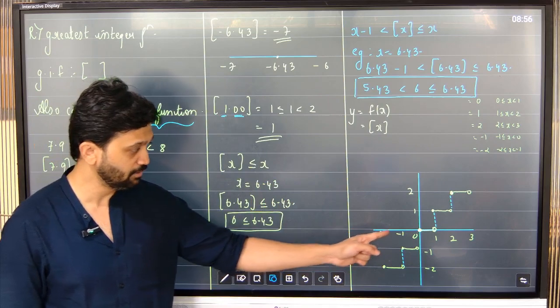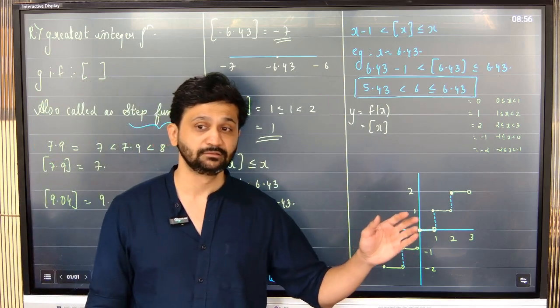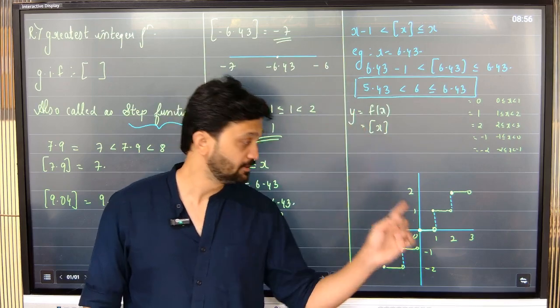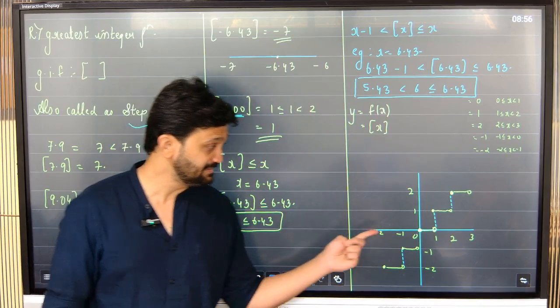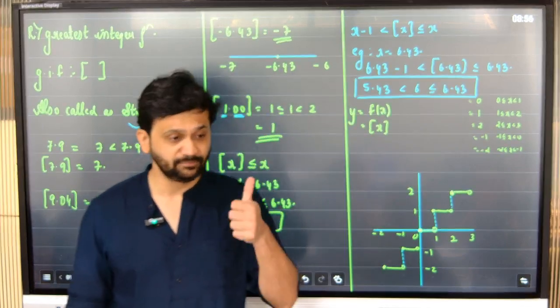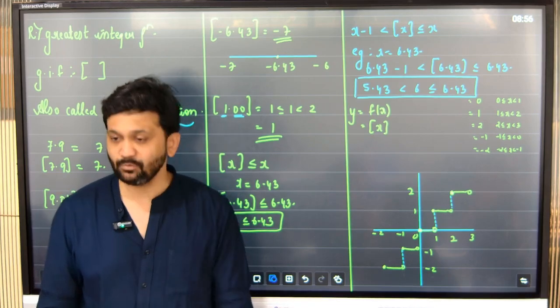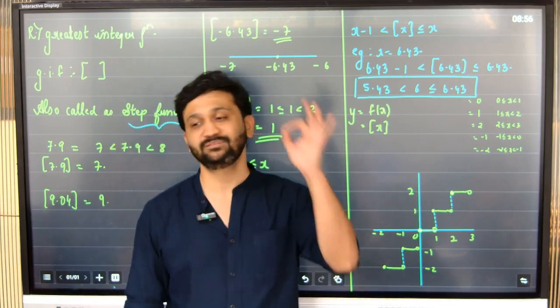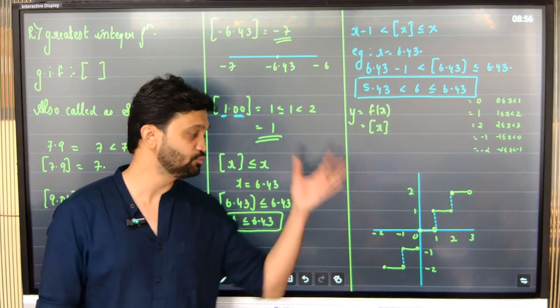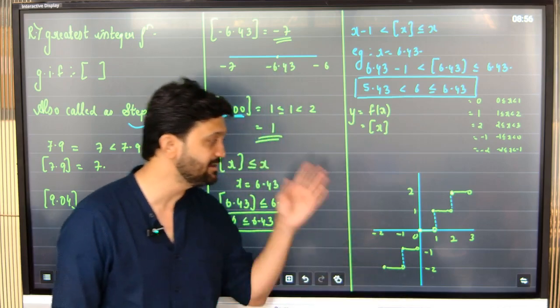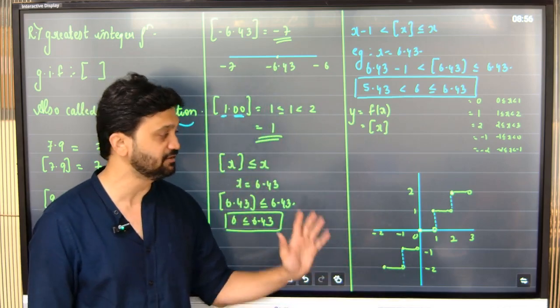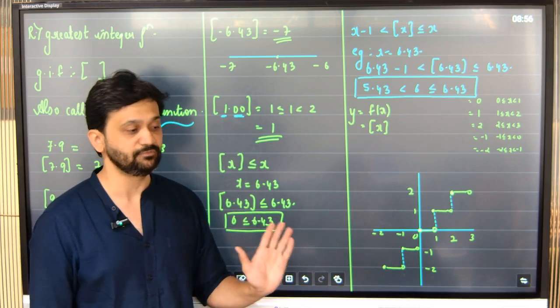If you look carefully, after 0 and 1 it will not be continuous, it is breaking at every integer. It is breaking at 0, it is breaking at 1, it is breaking at 2, it is breaking at -1, it is breaking at -2, it is breaking at each and every integer. And since it is breaking at each and every integer, we call it a step function.